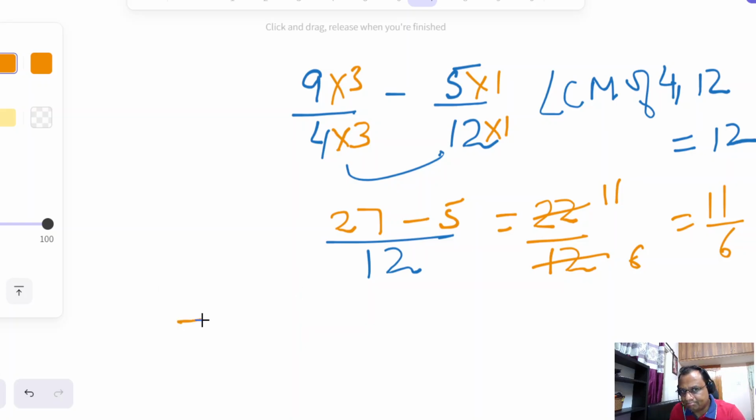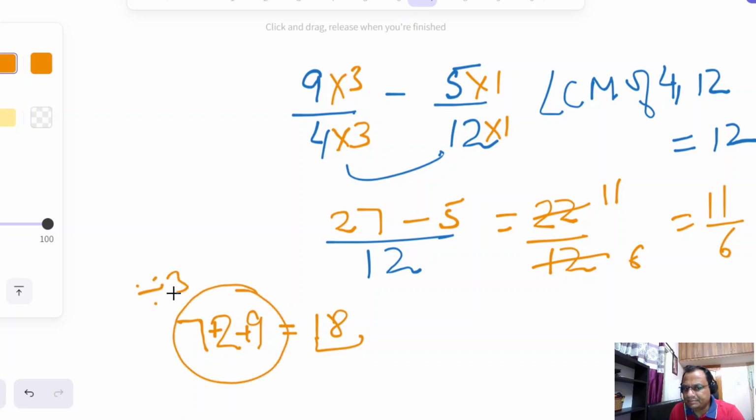For example, if I don't know whether 729 is divisible by 3 or not, I just have to add the digits. 7 plus 2 is 9, and 9 plus 9 is 18. And 18 comes in the table of 3, right? So 729 is divisible by 3, and when you divide it by 3, you get remainder 0. We'll discuss all these things, which will make your work easy in reducing any fraction to the lowest terms.